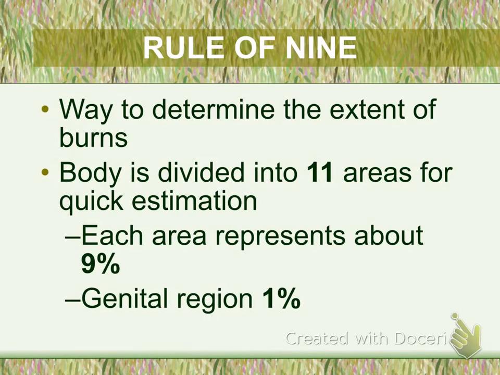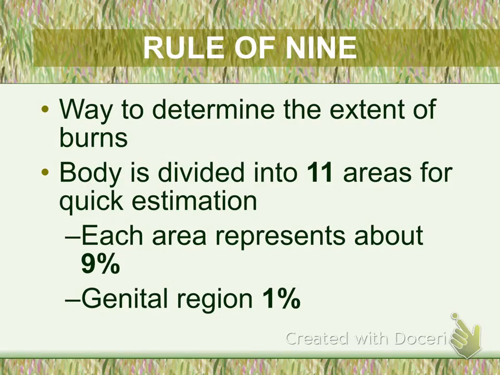In order to calculate the amount of burn to a body, there is something called the rule of 9. Areas of the body are given a percentage, and based on which body parts are burned, they can calculate the percent of the body that is burned.